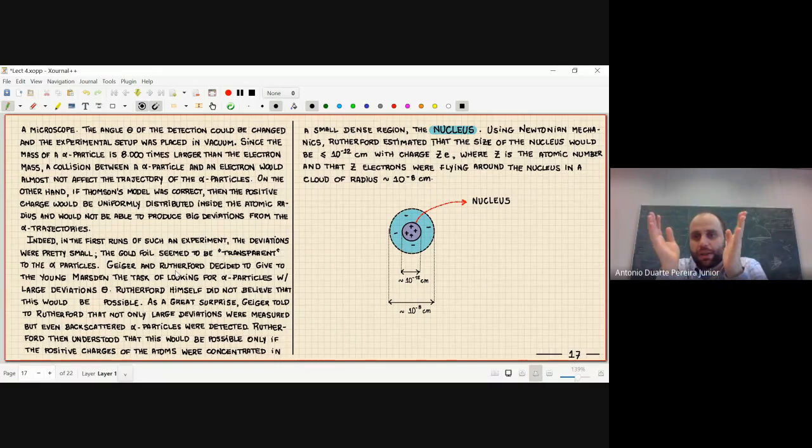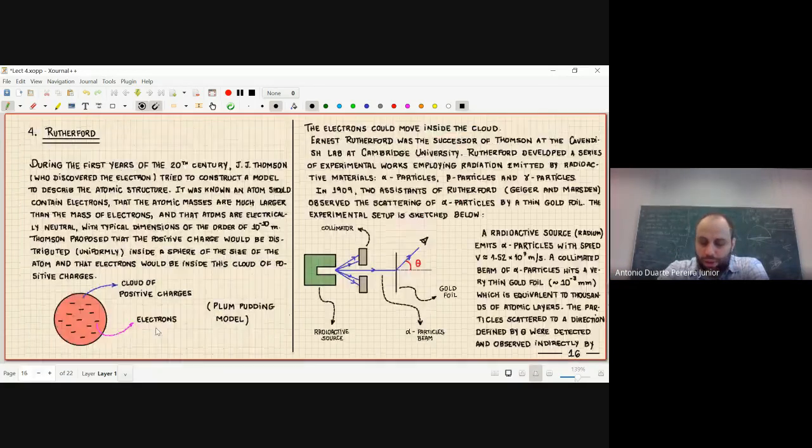But they really expected that this was going to be a very tiny value. And they were completely surprised by the fact that they not only detected large thetas, but they also detected beams that were coming back to the direction of the collimator. Okay, so this was a total surprise, and it was absolutely incompatible with the atomic model proposed by Thomson.